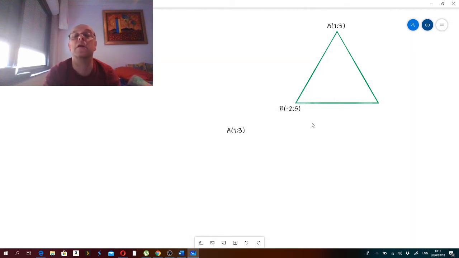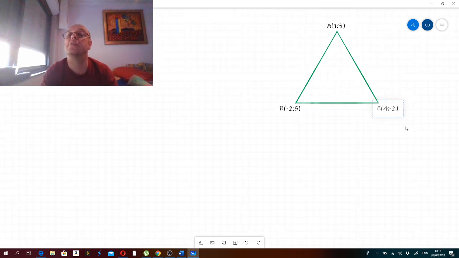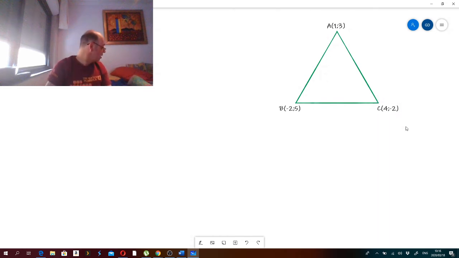And the last one is point C, which we'll need as the point (4, -2). So C is the point (4, -2). Okie dokes, so now we've got our triangle, there it is. Okay, what does it say?